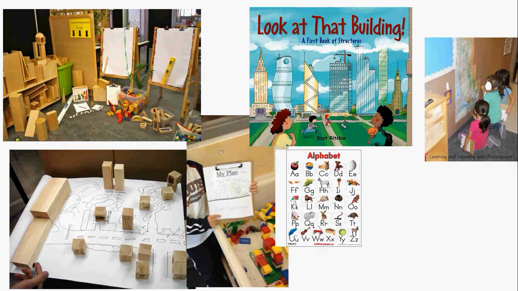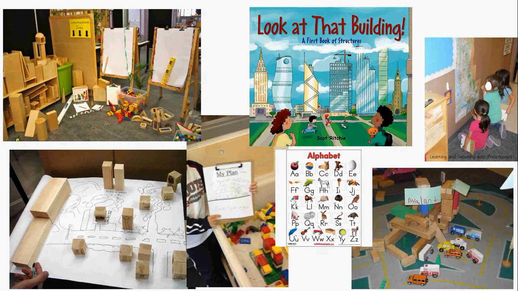Then we also want to connect ideas to the real world. So what kind of buildings are in our community? Hey, where is that? Oh, we have a map to help us find out. Or, what's the name of your street? Where do you live? Do you have a bowling alley in your neighborhood too?